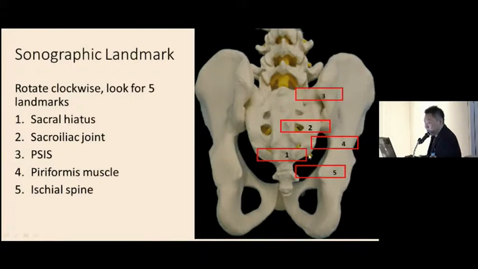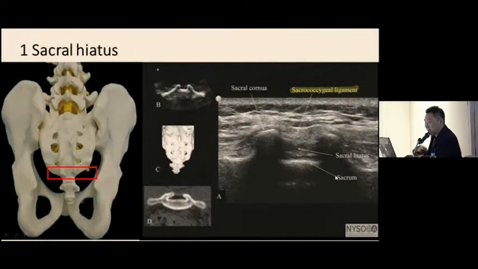We start with the sacral hiatus, the lower part of the sacroiliac joint, the upper part of the sacroiliac joint or PSIS, and then move down laterally to the piriformis muscle and come to the end at the ischial spine. So let's go one by one. Start with the first one.